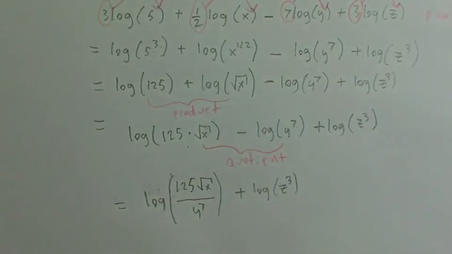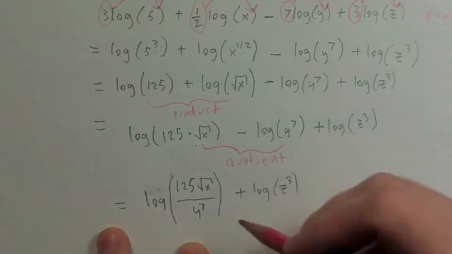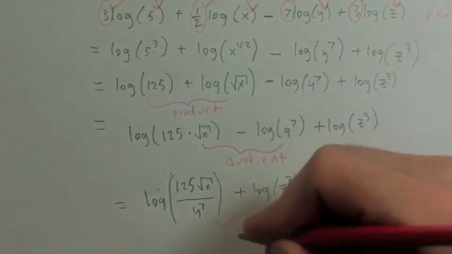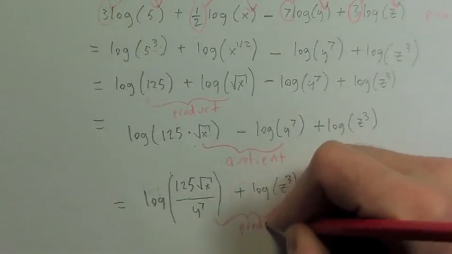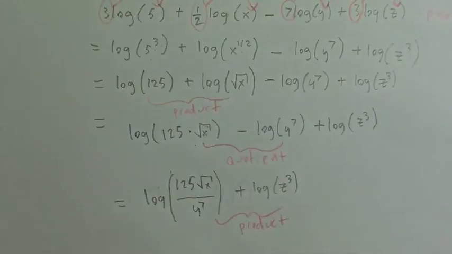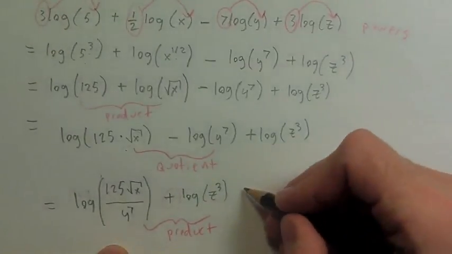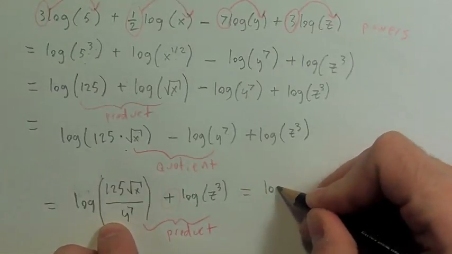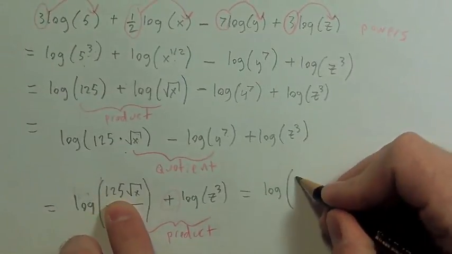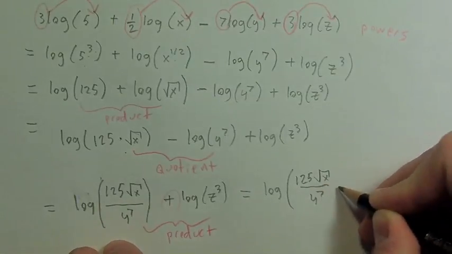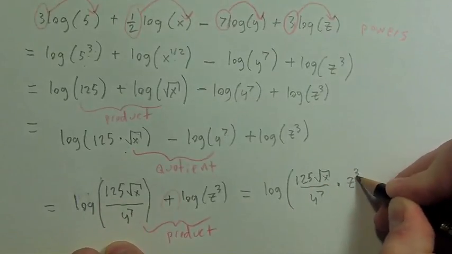And now I just do this final step. I have a log of some stuff plus log of some other stuff, so this will just be a product. So I will do that off to the side here. It will be log of 125 square root x all over y to the 7th and times z cubed.